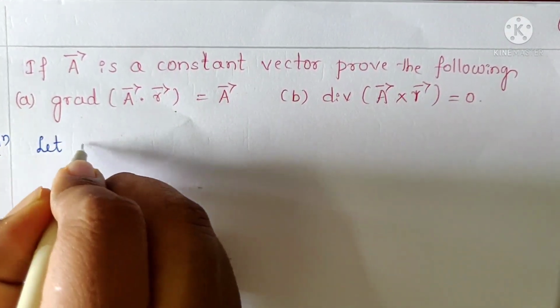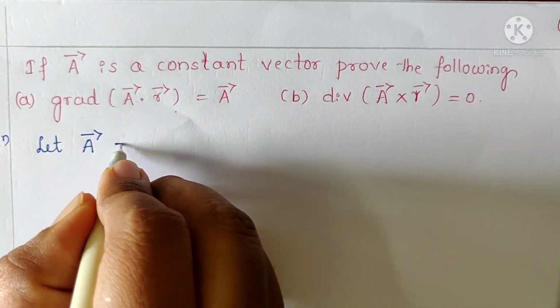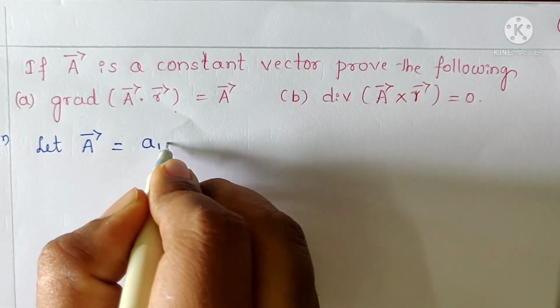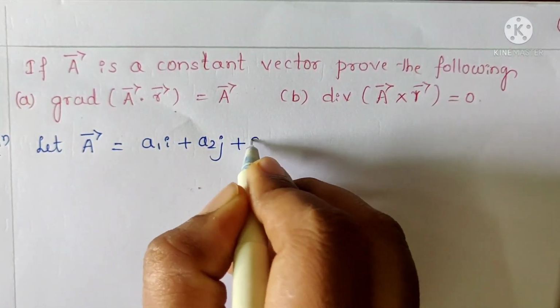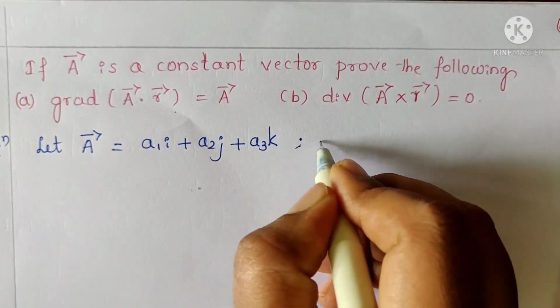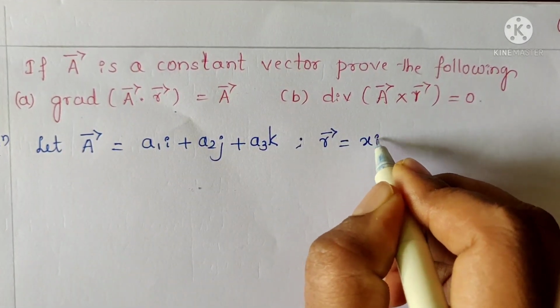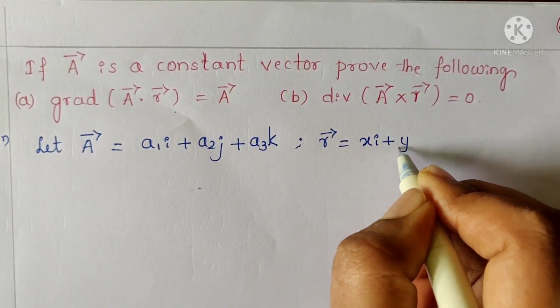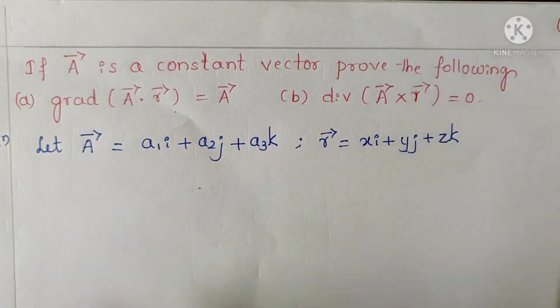Let vector A, they have told you it's a constant vector, so we can write it as A1i plus A2j plus A3k. And we write our position vector R as xi plus yj plus zk.